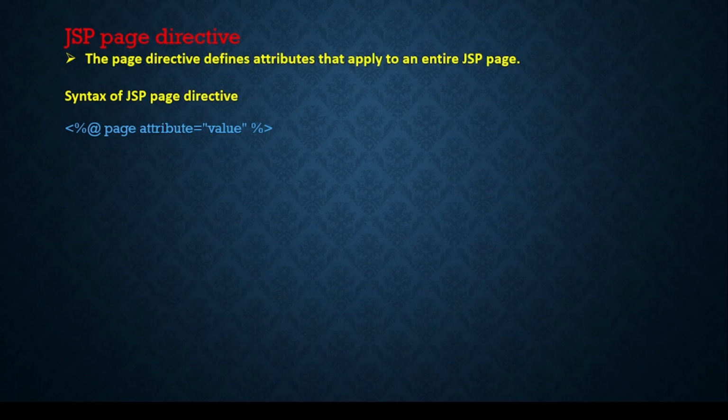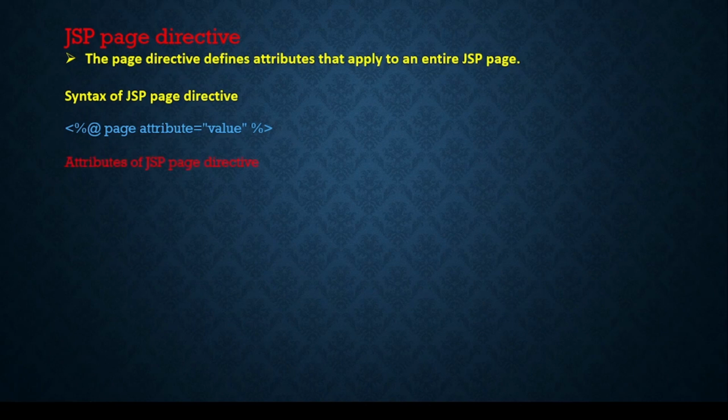Now we are discussing the page directive, so here we provide page as the directive, then the attribute equals value. What kind of attribute we change depends on our need, and we provide the corresponding value, and close with percentage and angular bracket. This is the syntax of the page directive.